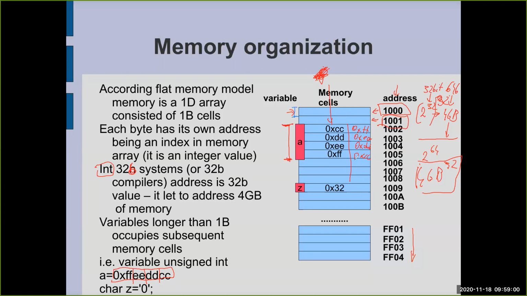Why were such strange names given? This issue is called endianness, and it originated from Gulliver's Travels.